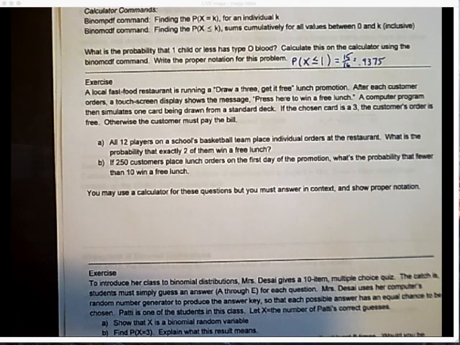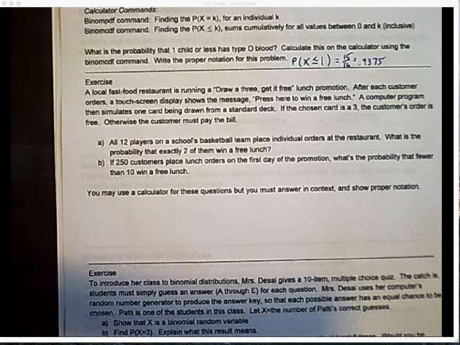So it says a local fast food restaurant is running a draw 3, get a free lunch promotion. After each customer orders, a touch screen display shows the message, press here to win a free lunch. A computer program then simulates 1 card being drawn from a standard deck. If the chosen card is a 3, then the customer's order is free.